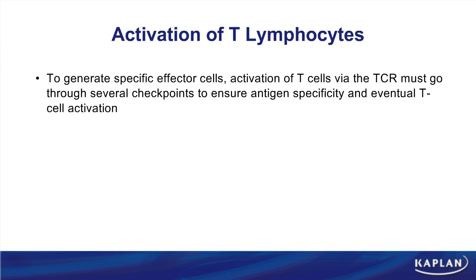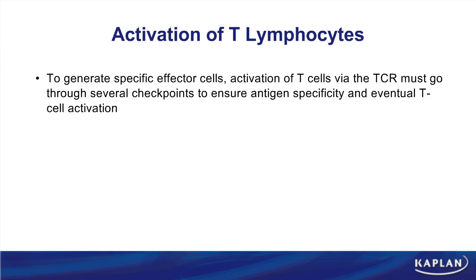So when we are talking about the activation of our T lymphocytes, please remind yourself where this is going to occur. And again, it's going to occur within the secondary lymphoid tissues. And if you're looking specifically at the lymph node, remind yourself that the activation of our T cells is going to occur within the paracortex and the spleen within the PALS. Again, always something good to remind yourself of.